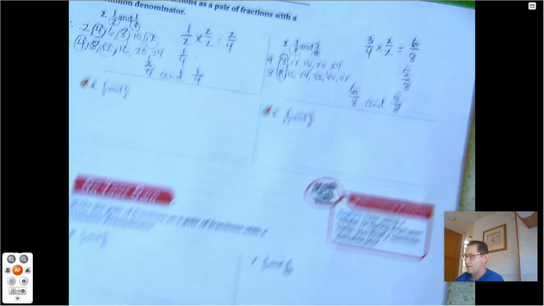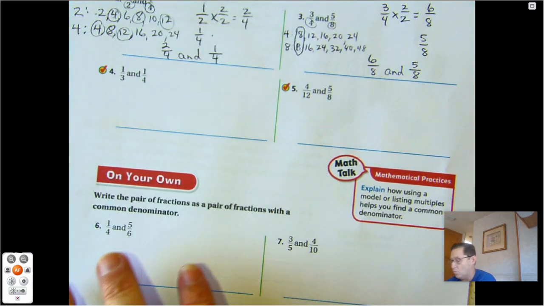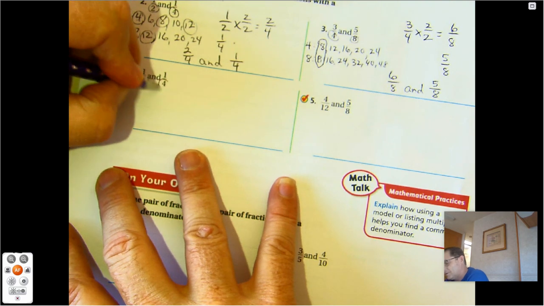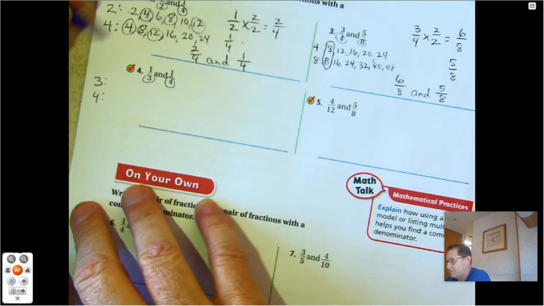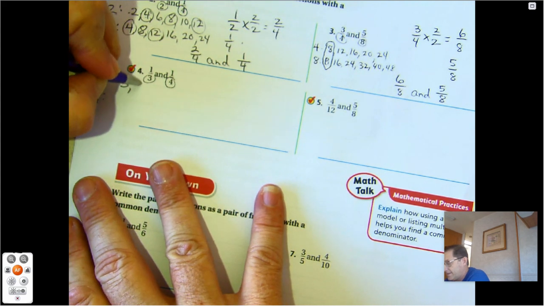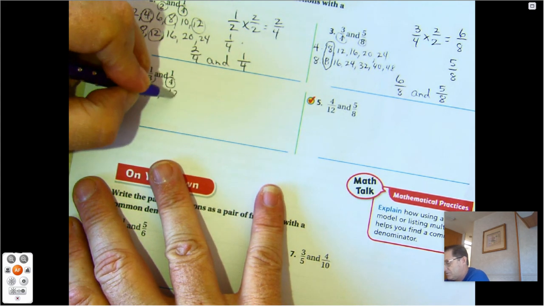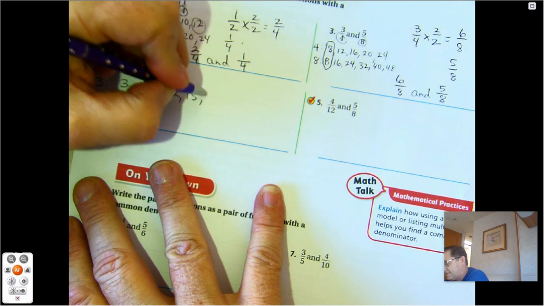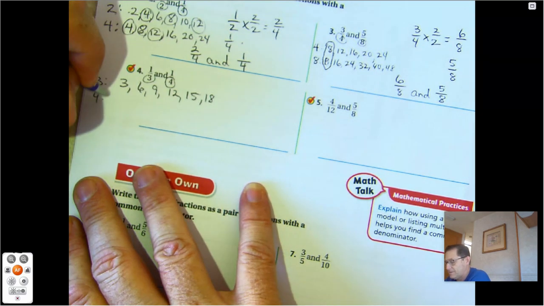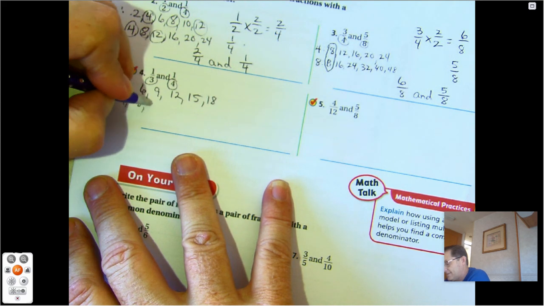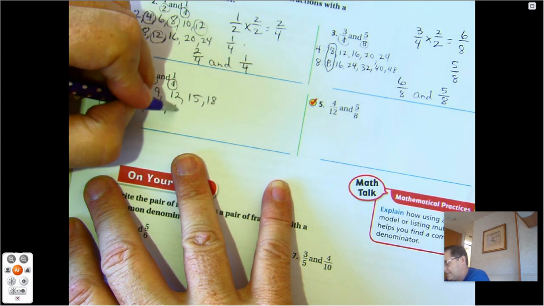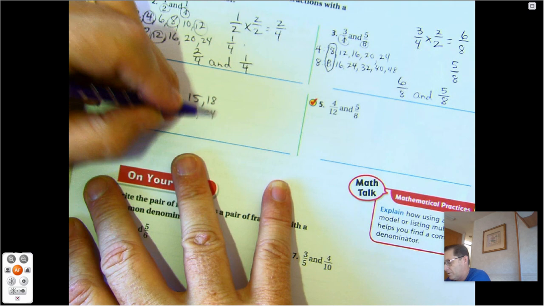All right. 1/3 and 1/4. So we're going to use thirds and fourths to find a common denominator. 3, 6, 9, 12, 15, 18. Let's list 6 multiples of 4. 4, 8, 12, 16, 20, 24.